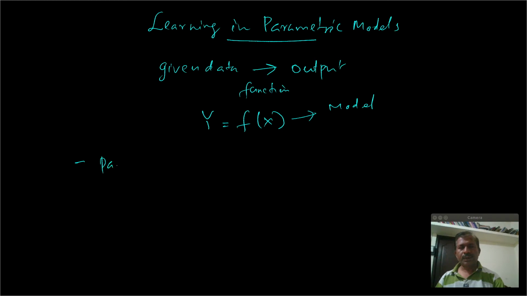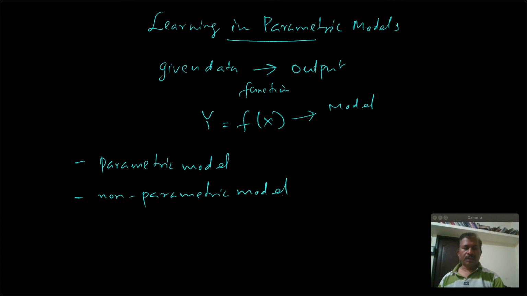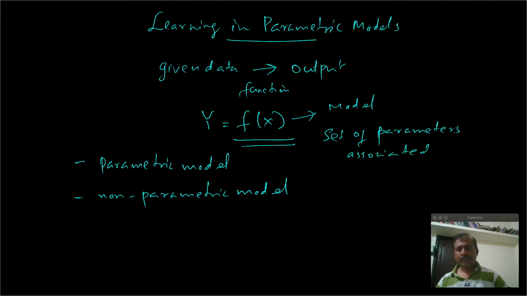One is a parametric model and the other is a non-parametric model. So basically this model or the function will have a set of parameters associated with it, right?